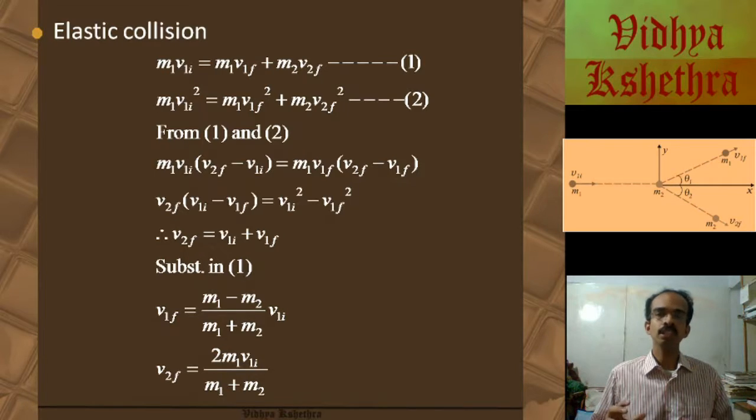Now substituting this in equation 1, we get v2f is equal to 2 m1 v1i by (m1 plus m2), and v1f is equal to (m1 minus m2) by (m1 plus m2) into v1i. That is, if the initial velocity of mass m1 and the masses m1 and m2 are given, we can find the final velocity after collision.